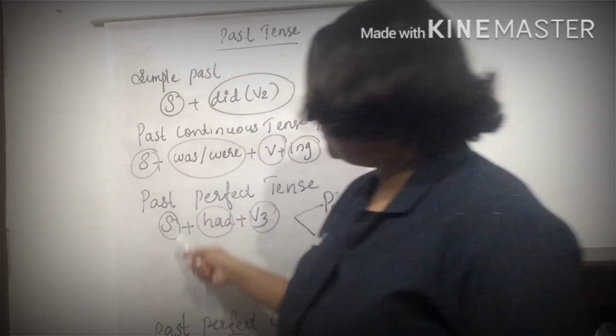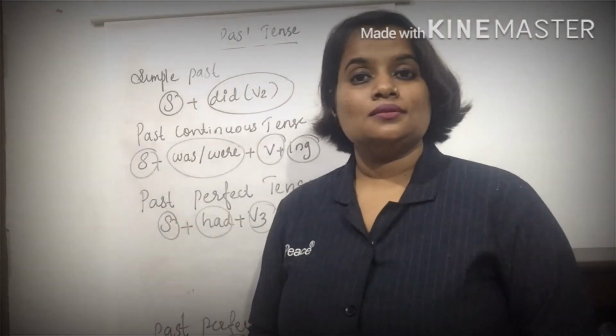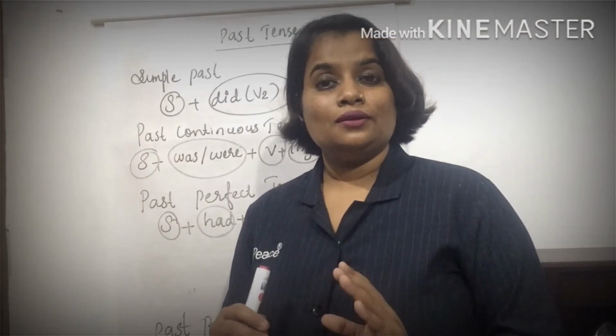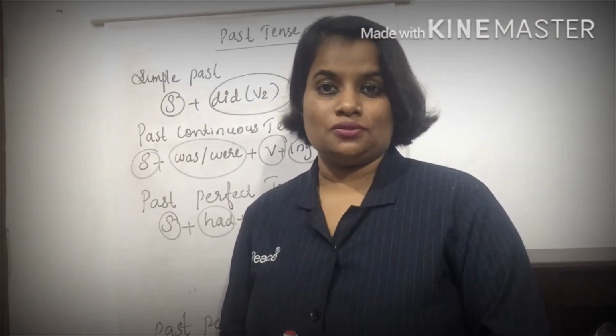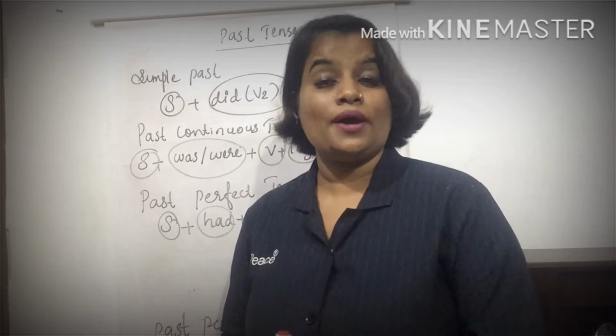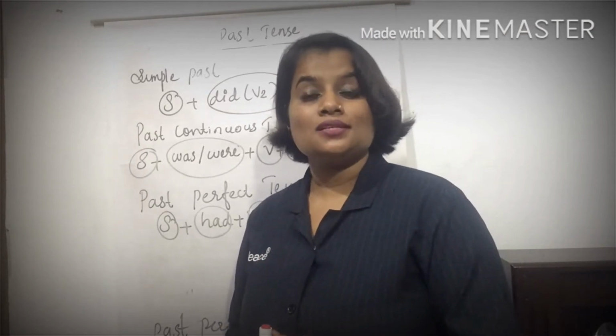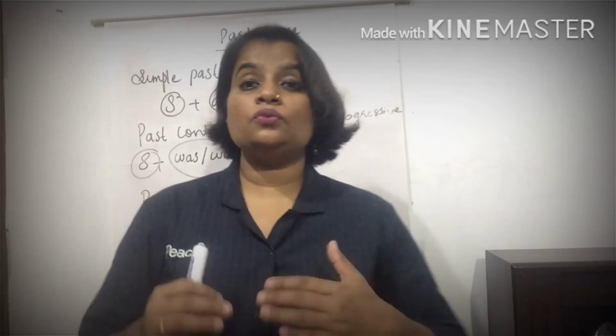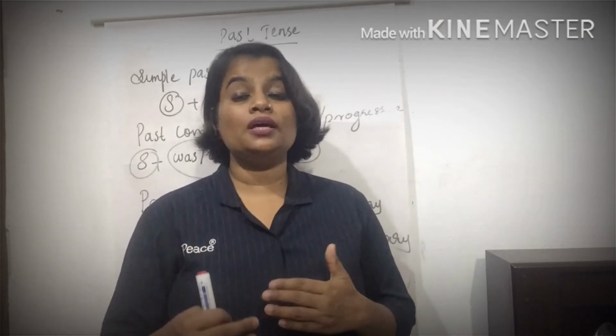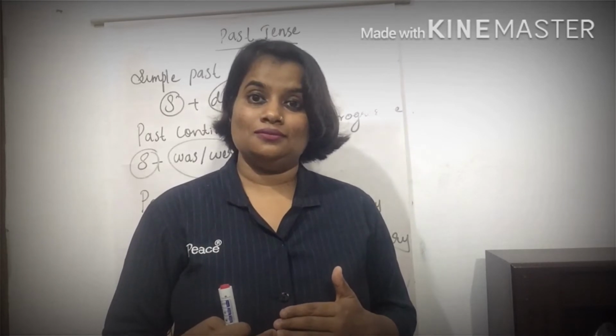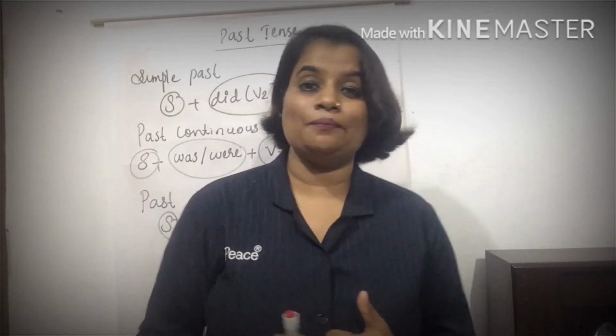Okay, so past perfect tense, I tell you, it has two actions. The primary action and the secondary action. The action which happened in the past before the event happened. I'll give you the example.